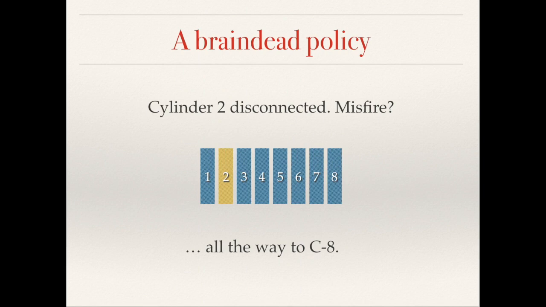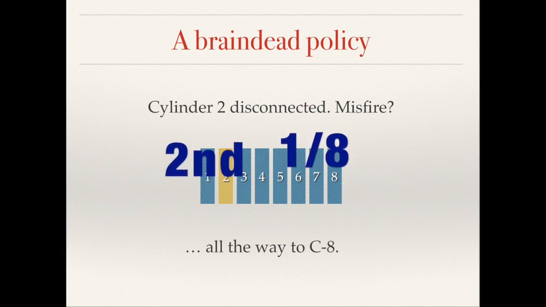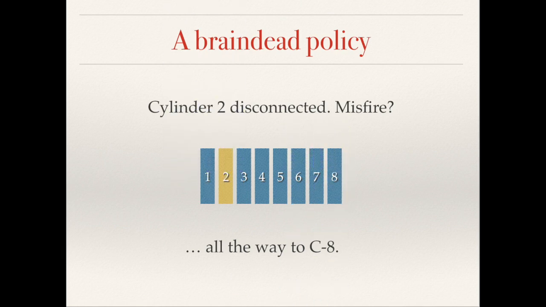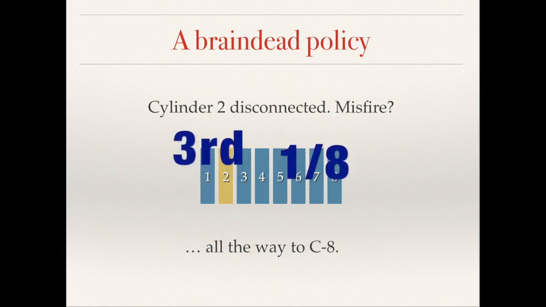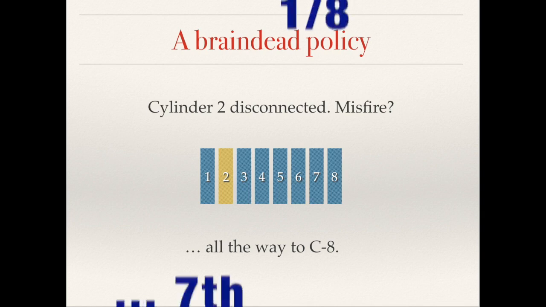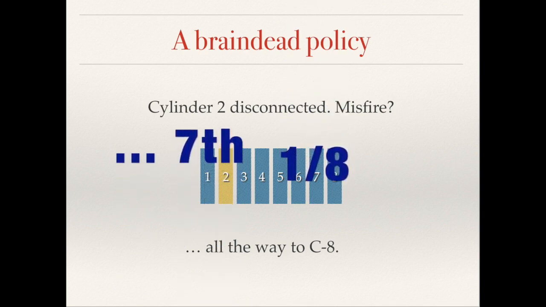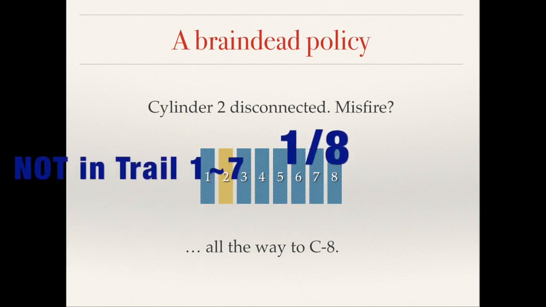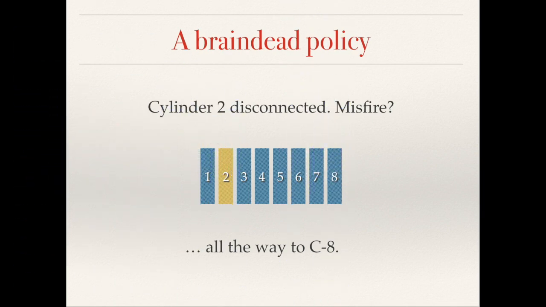If we are not, we may keep trying and encounter the cylinder in the second trial, also with a chance of 1/8, and maybe in the third trial with a chance of another 1/8, so on and so forth. If we are extremely unlucky, we may encounter the cylinder in the 7th trial. And also, after the 7th trial, we do not need to try again if we still haven't found the problematic one. The last one must be the one at fault.